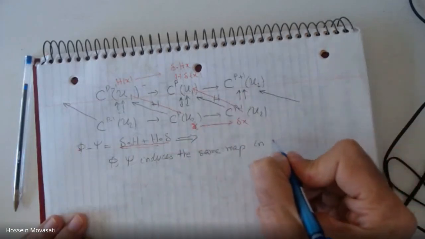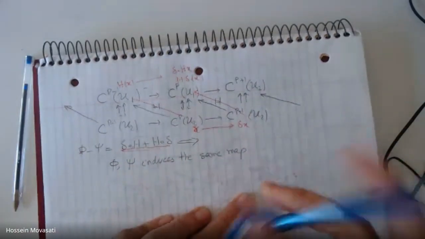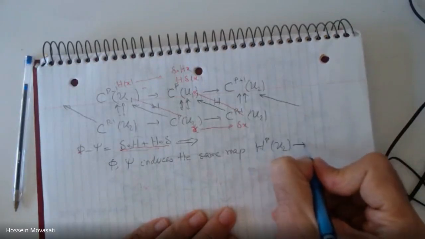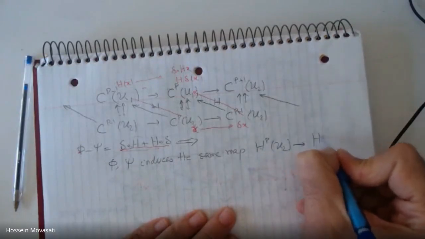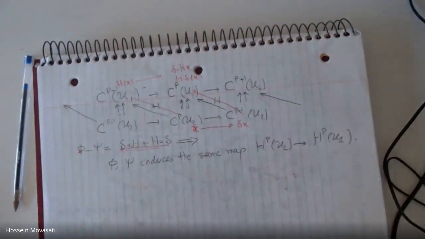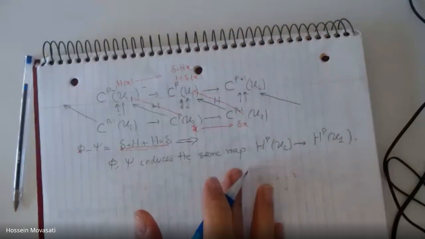So this means the same map H P U2 to H P U1.